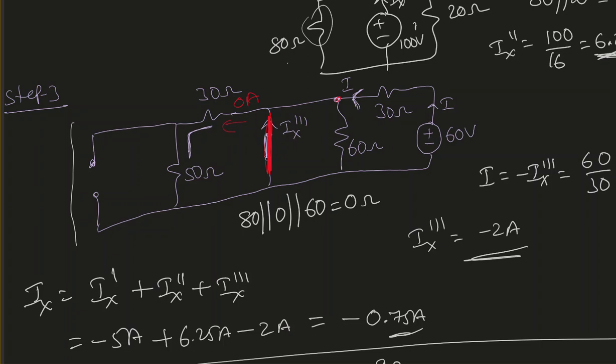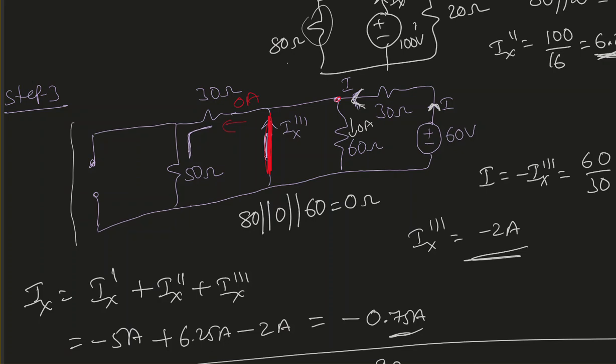Here also, whatever current comes in, say I ampere, is going to come over there, and it will see 60 ohm, 0 ohm and 80 ohm. All the current is going to go through the 0 ohm because it's a short circuit. None of the current is going to pass through the 60 ohm or the 80 ohm.